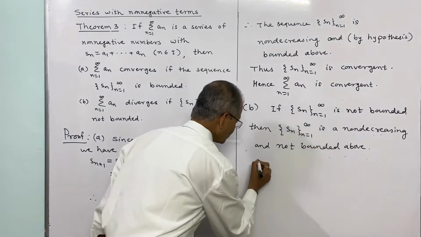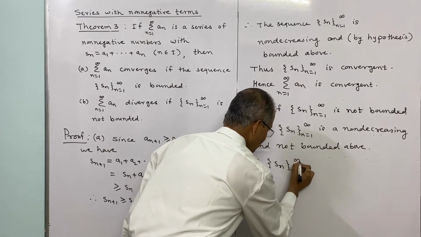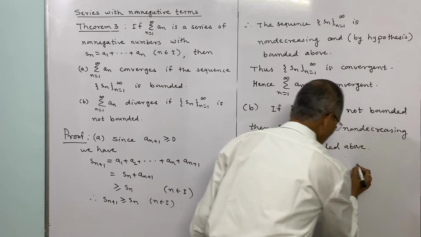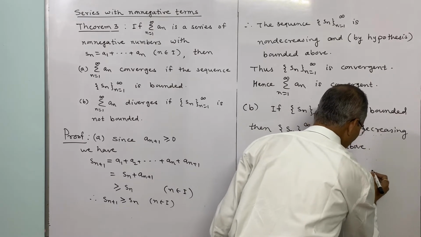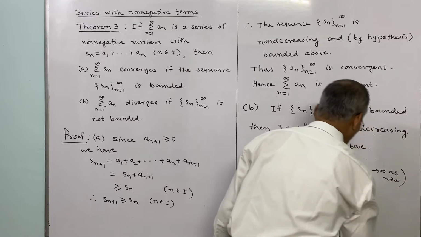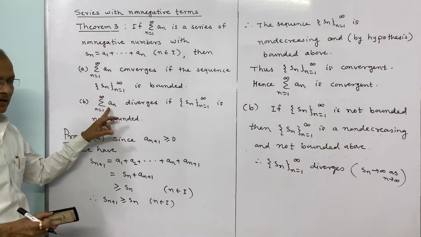So therefore Sn diverges, that is, Sn diverges to infinity as n tends to infinity. And if Sn diverges, the corresponding series sigma an diverges.